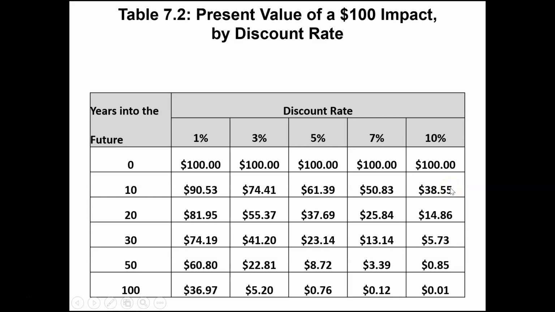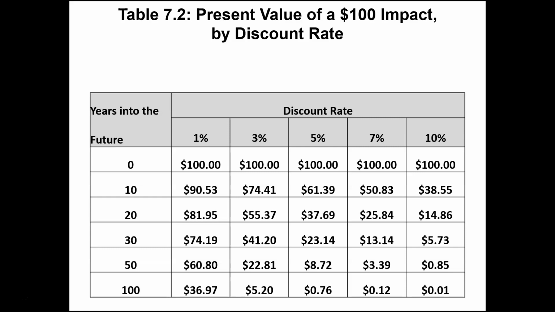Right. So it's really important, and you can see how that changes 100 years from now. If I tell you I'll give you $100 100 years from now, and you're trying to think about what's the value of that to me today, it depends on what the discount rate is. If the discount rate is very small, the value of that could be $36, $37. If the discount rate's pretty large, the value of that could be nothing.